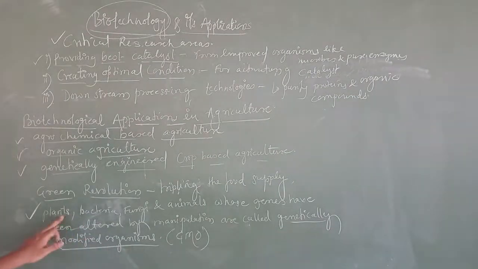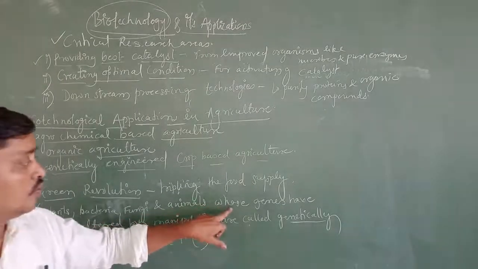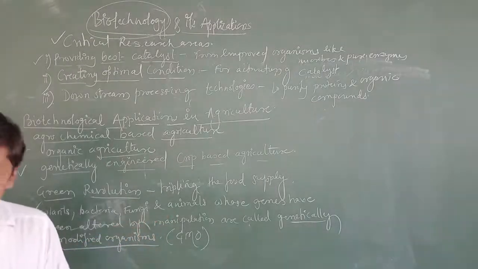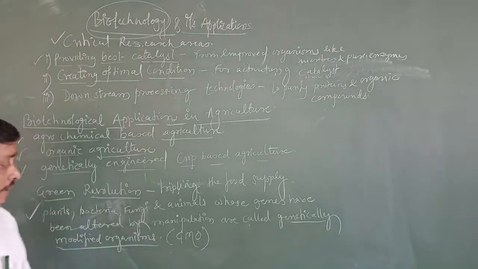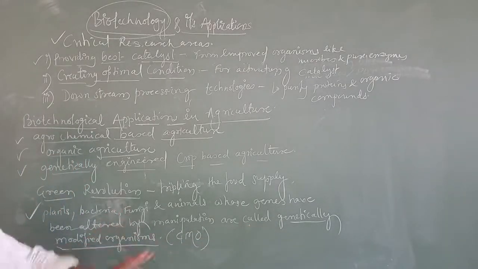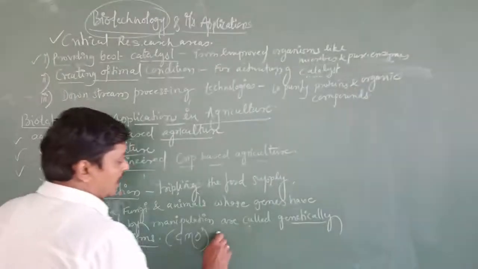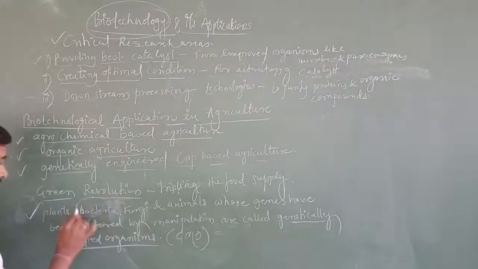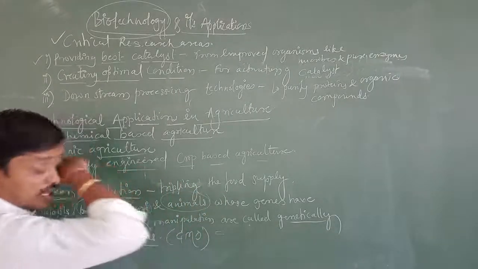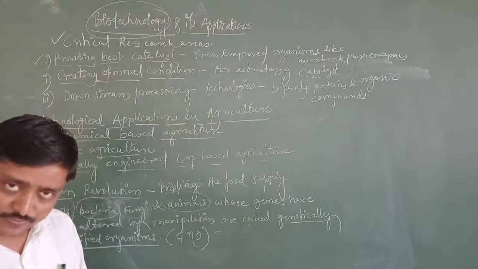In the sense, plants, bacteria, fungi and animals whose genes have been altered by manipulation are called genetically modified organisms. That is what GMO. Here, genetically modified organism means genetically modified bacteria, genetically modified plants, genetically modified fungi, genetically modified animals. All those are considered genetically modified organisms.